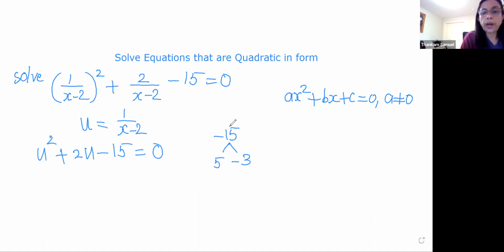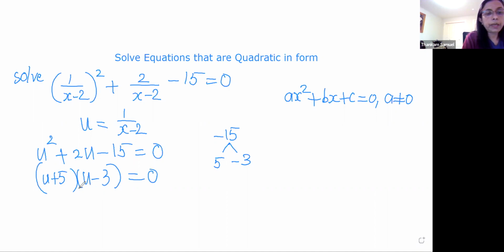So this makes the product negative 15, and the sum of these numbers is the coefficient of u, that is 2. So you can write the factors as u plus 5 times u minus 3. Now we need to find the value of u.